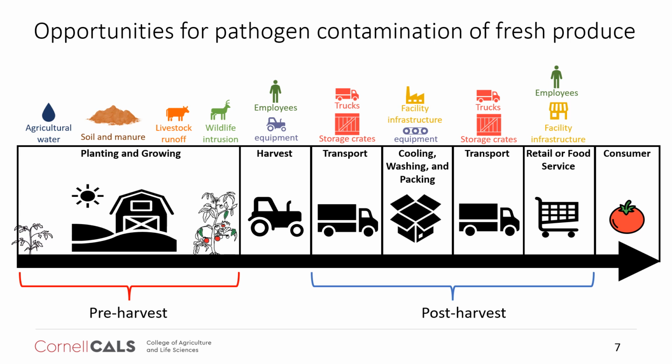Although this contamination can occur at both the pre-harvest and post-harvest stages of the supply chain, as this lecture is going to focus on the geospatial model that will be applied at the pre-harvest level, we will focus more on the pre-harvest factors that will cause foodborne pathogen contamination.